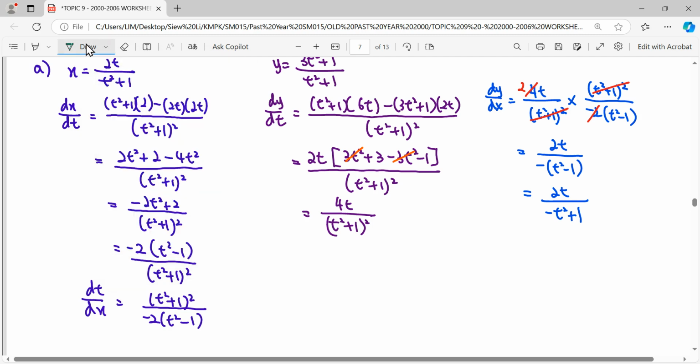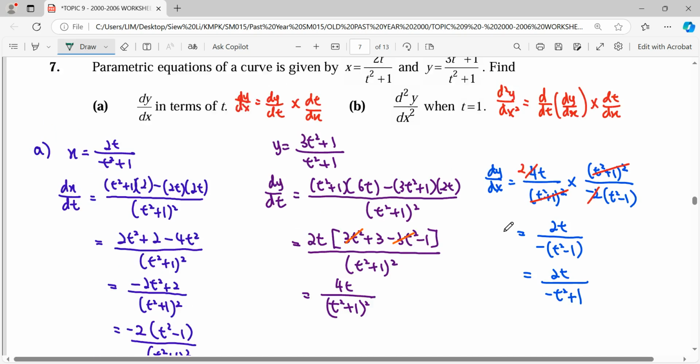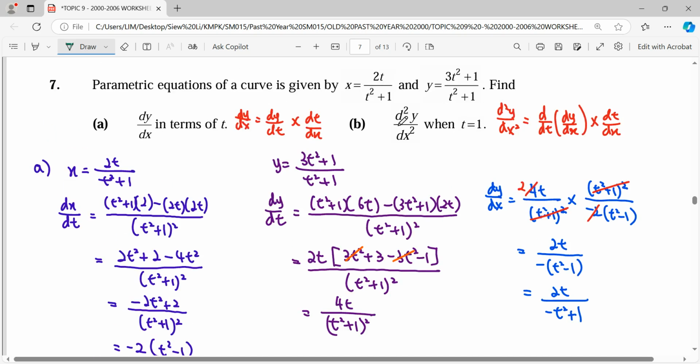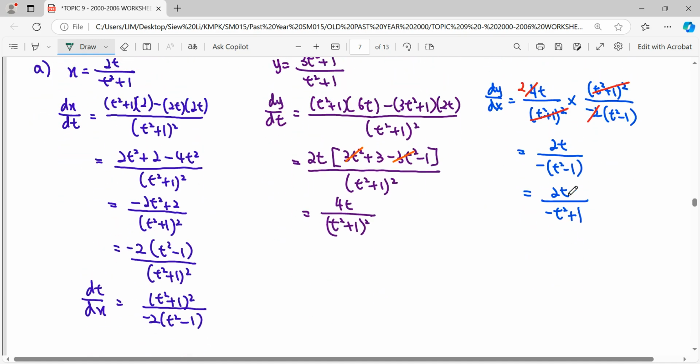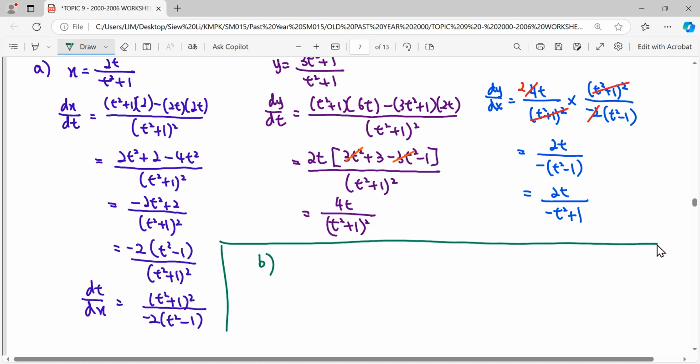Then we go for the second part of the question: find the second derivative when t equals 1. So we start from the dy/dx here. We're going to differentiate dy/dx with respect to t.